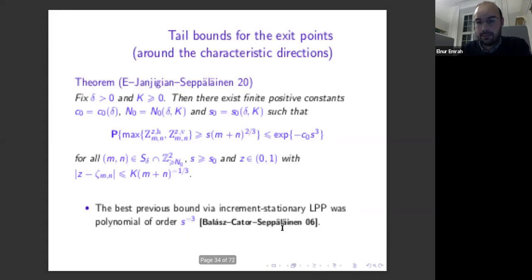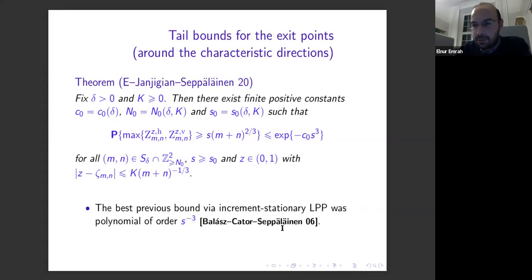So restricting to increment stationarity, the best previous bound that was available in the literature was of polynomial order, 1 over s cubed. So we improve this to the optimal bound.